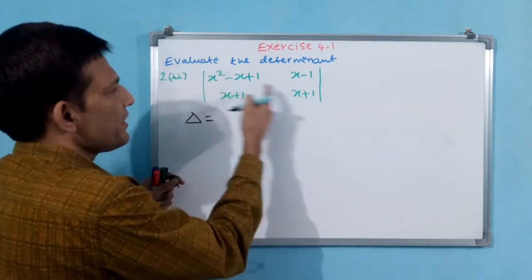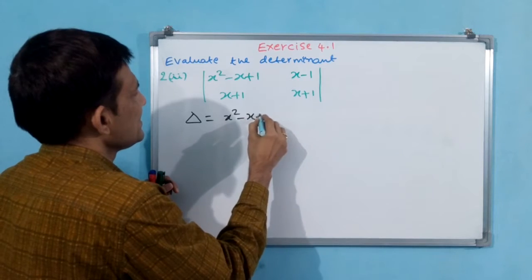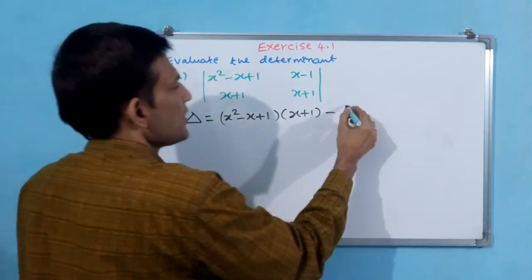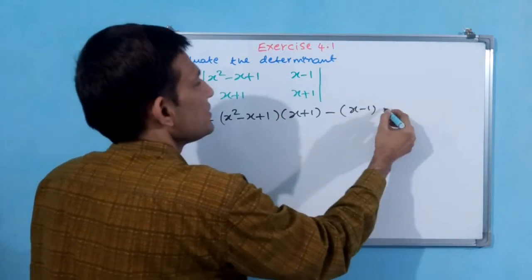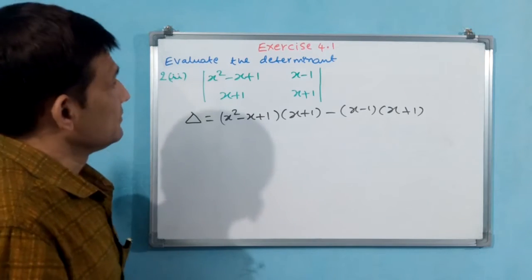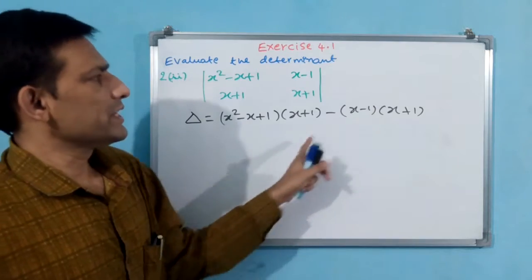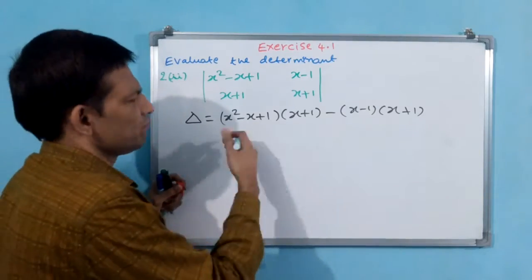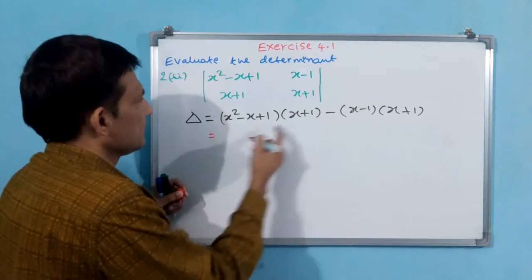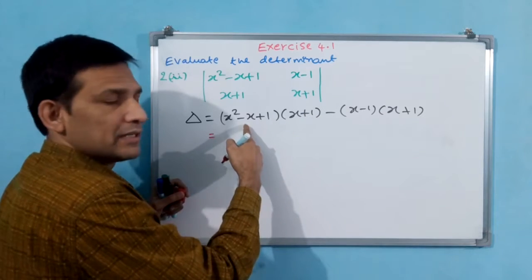Right now AD minus BC. A into D minus B into C. Now also you can take x plus 1 common, or else do direct multiplication and finalize it. See, I am multiplying x with x first, then I will multiply with 1.